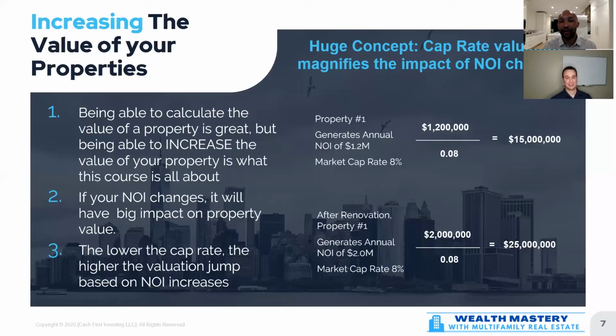You do that on 100 units, right? $100 rent increase on 100 units is $100,000 a month. Multiply that by 12, that's 1.2 million bucks. You divide that by a cap rate. That's where you see this value creation, $10 million. What would that do for you and your family?